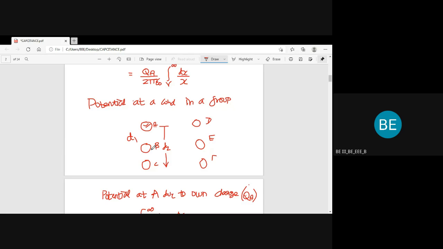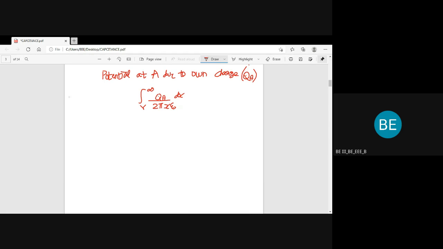So due to charge QB. We are considering a number of conductors, so now we are going to find the potential at A due to charge QB. So, instead of R, D1 will be the distance between conductor A and B. So there is only one change: the integration of QB divided by 2 pi epsilon naught dx.